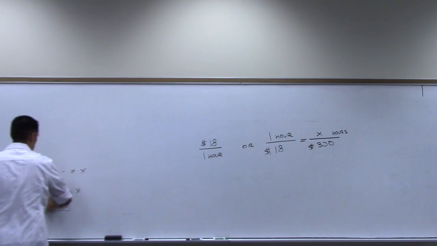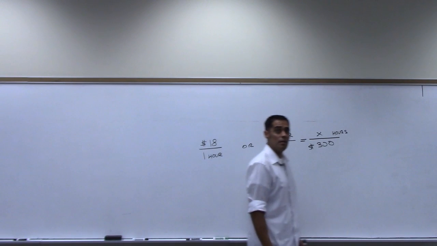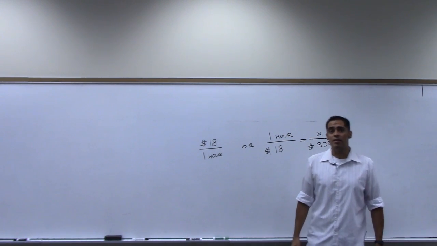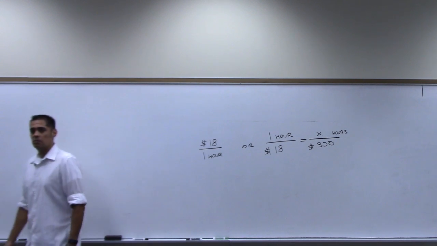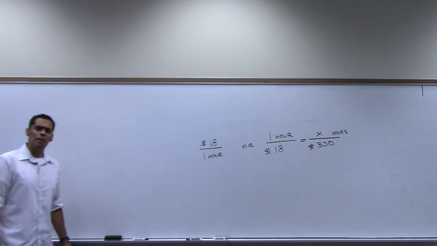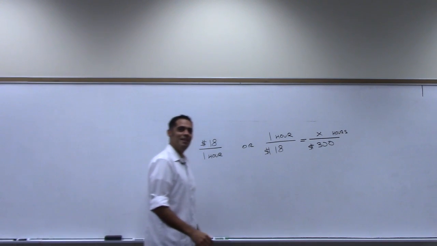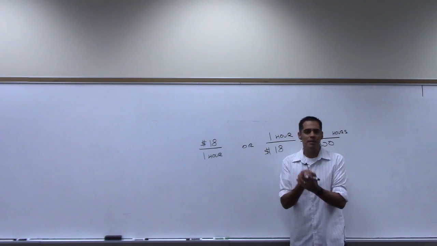One plain bagel, right? One plain bagel has 320 calories. How many calories are in 2.5 bagels? Okay? So one plain bagel has 320 calories. That's the part that they're giving me.